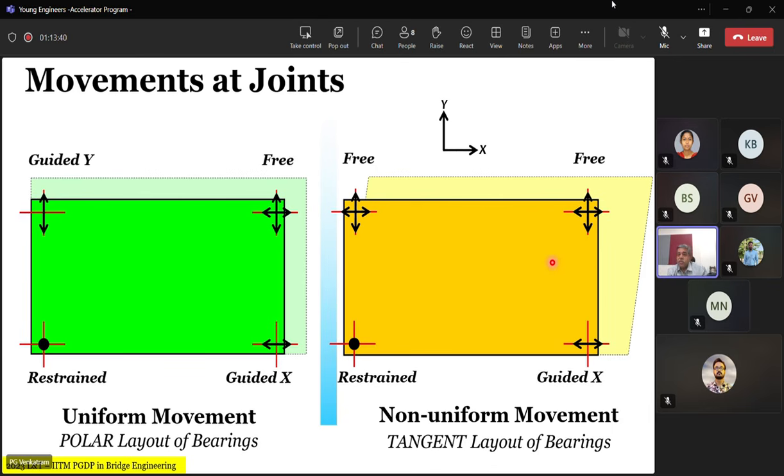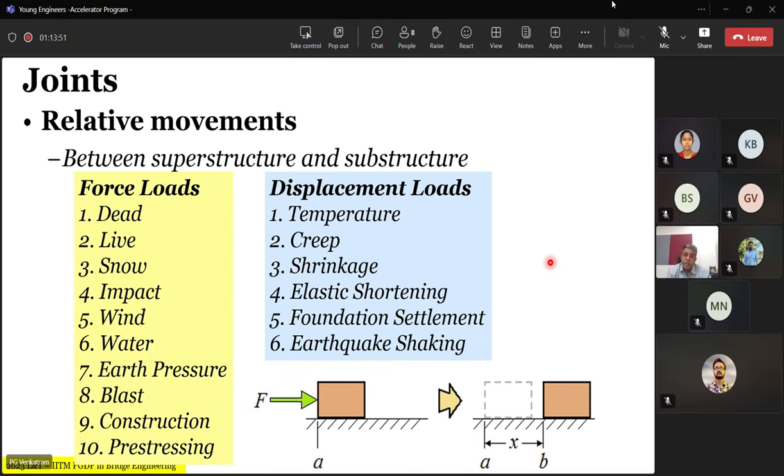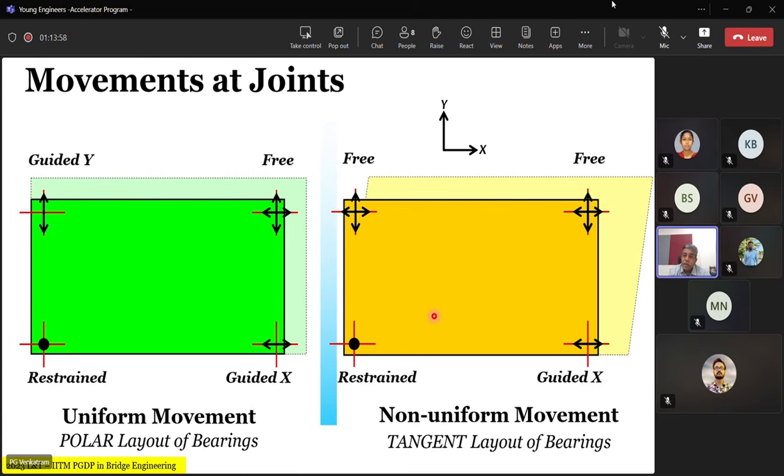This is where we come back to recap about our bridge breathing units, because other than those forces, if you notice in our loading, temperature, shrinkage, elastic shortening, all of them are volumetric change related values. So they will depend upon how your structure is breathing, and depending upon that, you have to decide the amount and magnitude of the movement, and therefore also decide on the layout of your bearings.